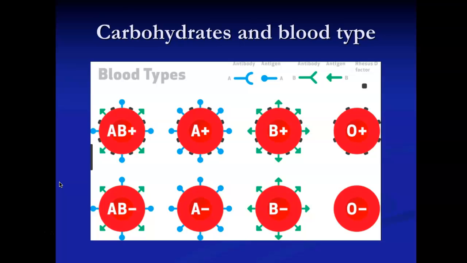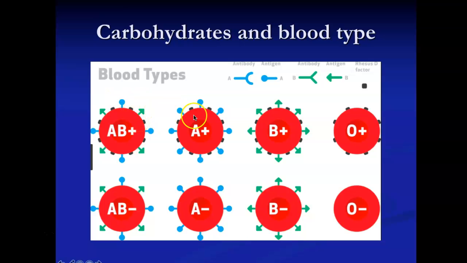And then the last thing that I had said was cell signaling. Cell signaling and cell recognition is an important function of carbohydrates. Our example here shows your blood types. This blue one right here is a certain carbohydrate that's designated as the type A. The green with the arrow is designated the type B carbohydrate. And when you have both of them together, you would have AB blood type.